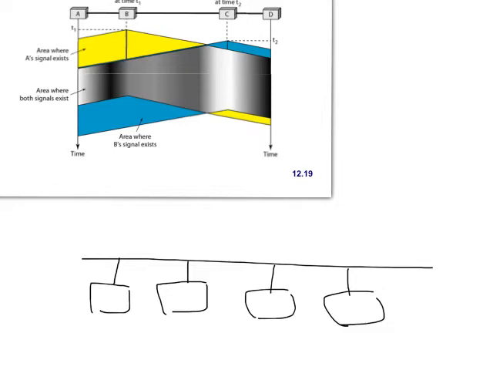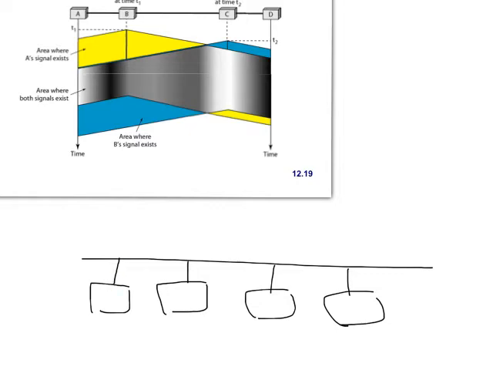Why? Because if a node is trying to send over the cable, the signal has some energy, right? I can measure the level of energy to see if there is some signal going over the line.